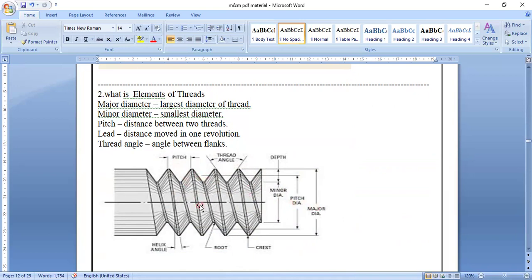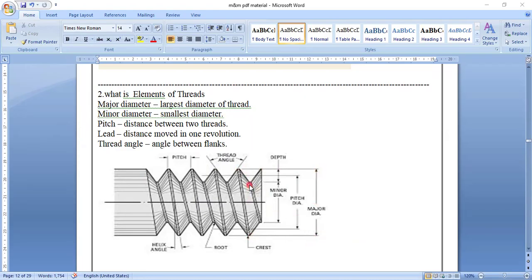Pitch is nothing but the difference between this. So you can see here what is a minor diameter and what is a major diameter. This is the largest diameter of the thread, from this point to this point. This is the major diameter.